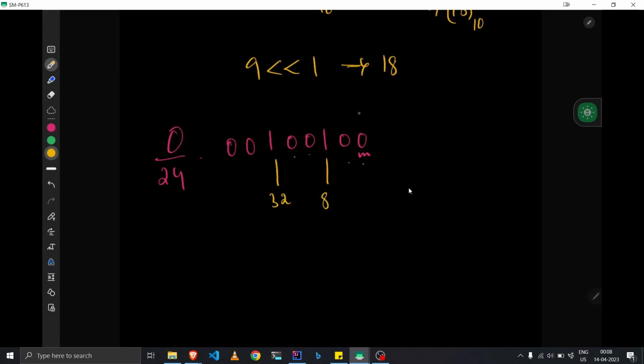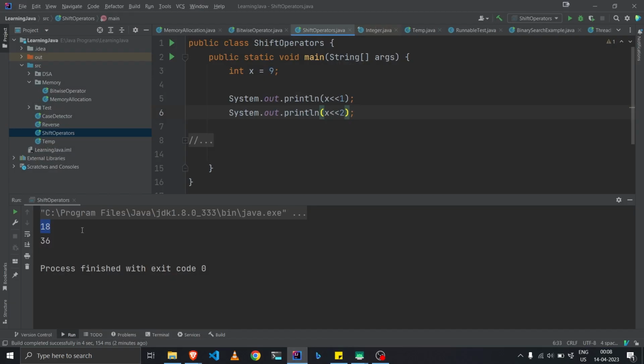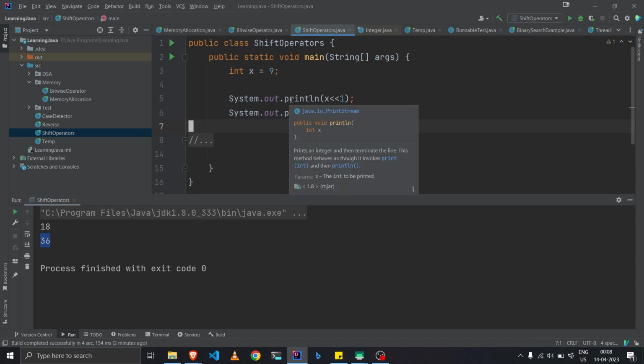Basically it is in powers of two: 2 to the power 0, 2 to the power 1, 2 to the power 2, 2 to the power 3, 2 to the power 4, 2 to the power 5, and 32 plus 8 simply adds up to, wait, this will be 4, right? So this will be 36, and that is what we expect. So basically we were getting 36. So yeah, that is basically the left shift operator.